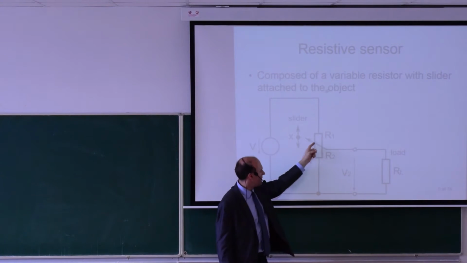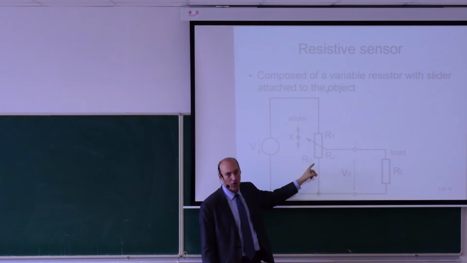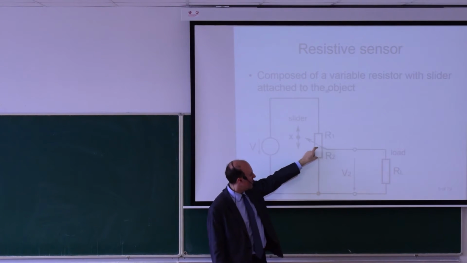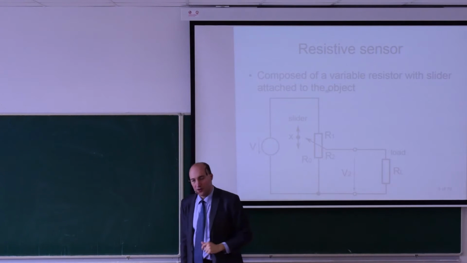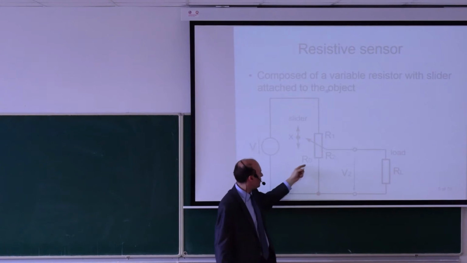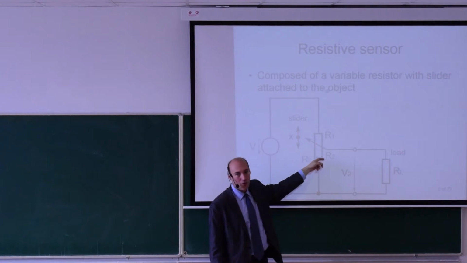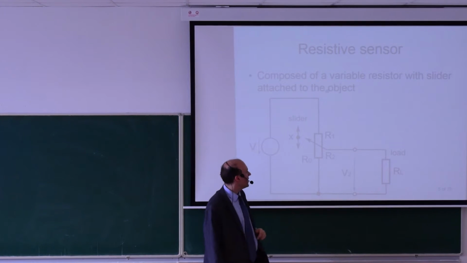The slider that you see here divides the resistor R0 into two sections: R2 is here and R1 is on the top. There is also a relation between R0, R1 and R2, obviously. So R1 plus R2 equals R0.